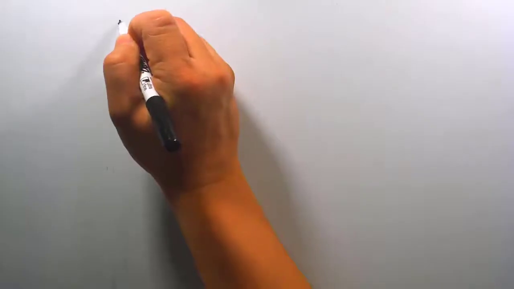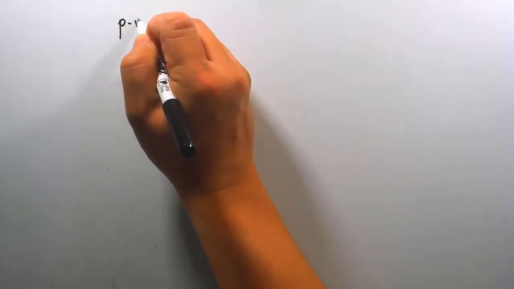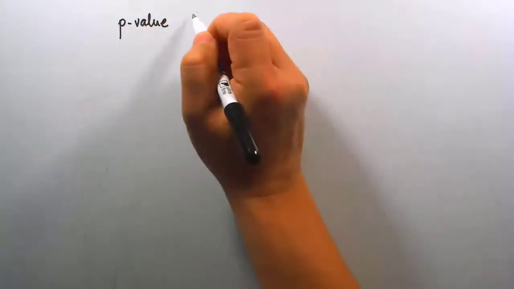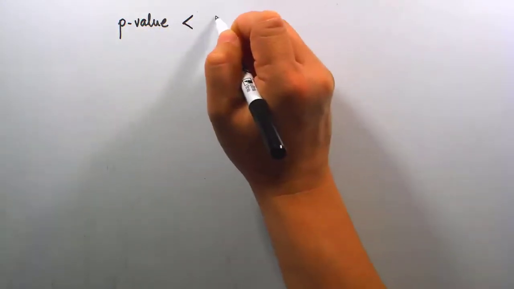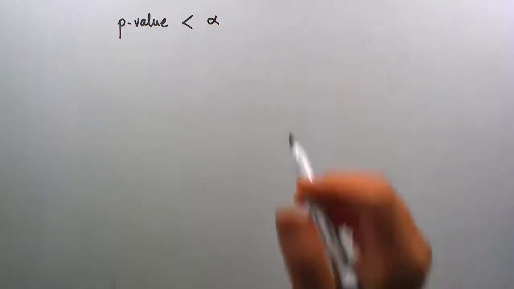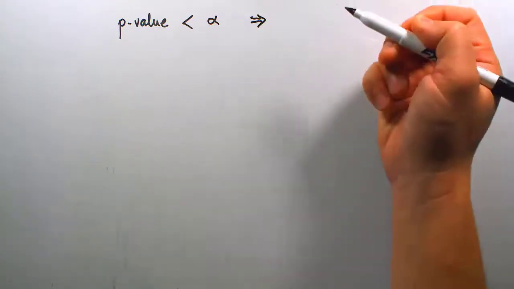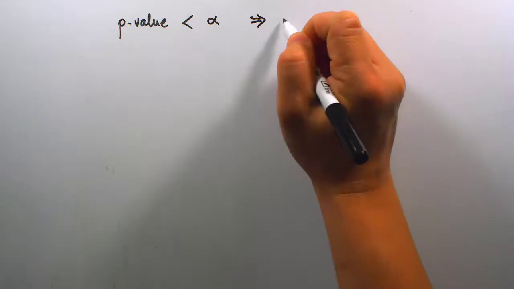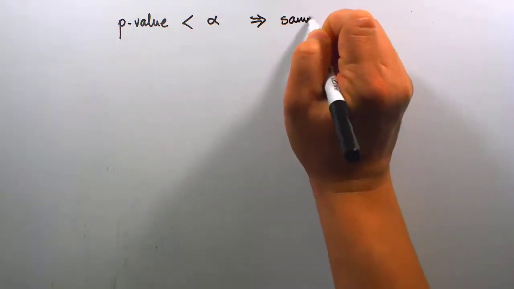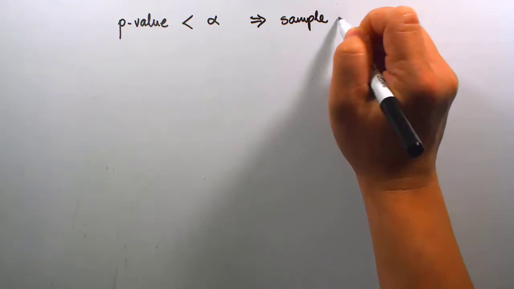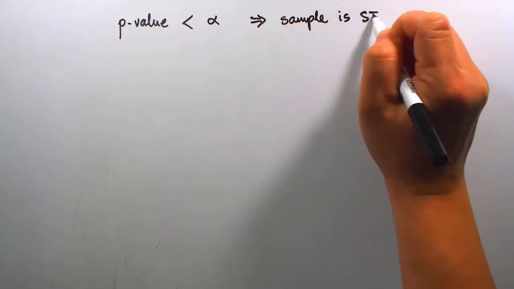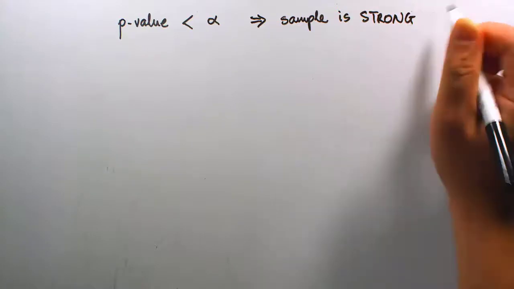And so at this point, after seeing 3 examples, it's good to make some generalization here. So first, anytime our p-value falls below the significance level alpha, this leads to our final conclusion that our sample is strong evidence.